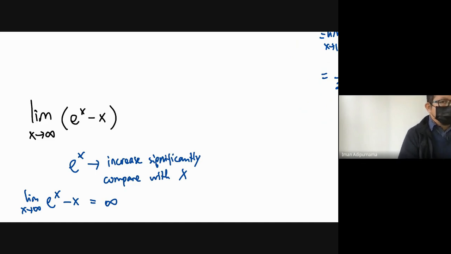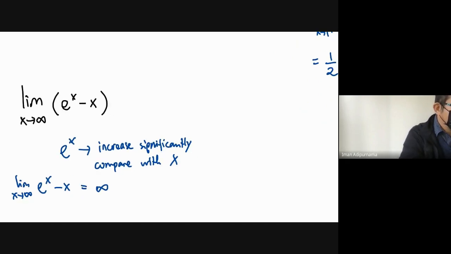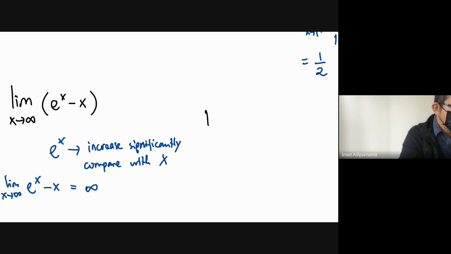If you write this in an essay argument like this, I can accept it because it's correct. Okay. If you want to make more proof, we can look at this limit and factoring x outside.